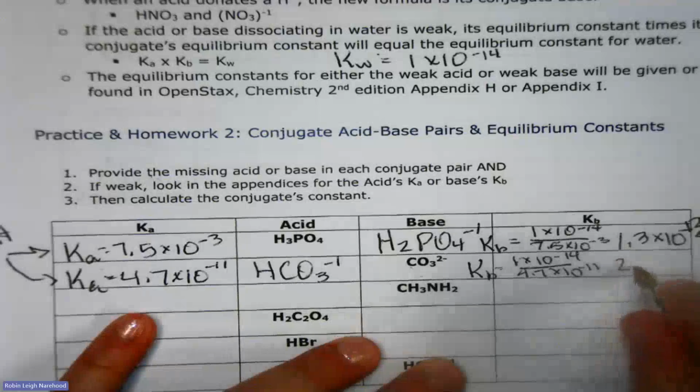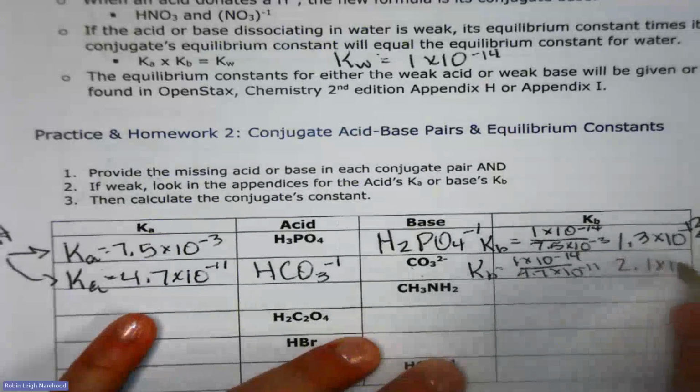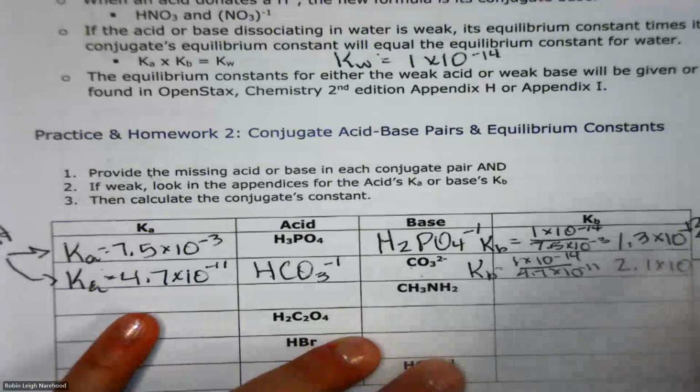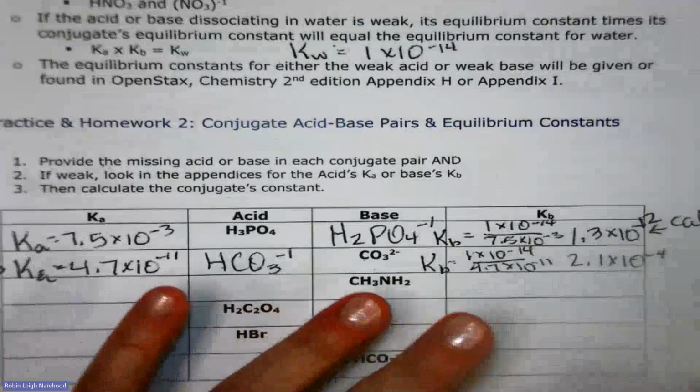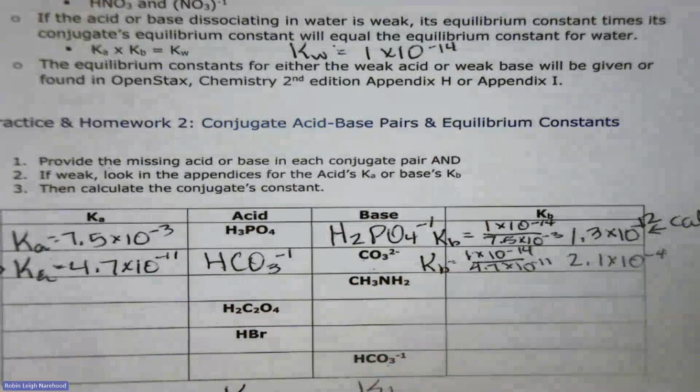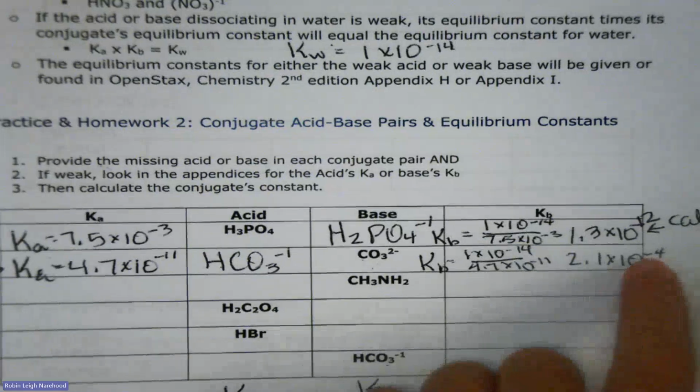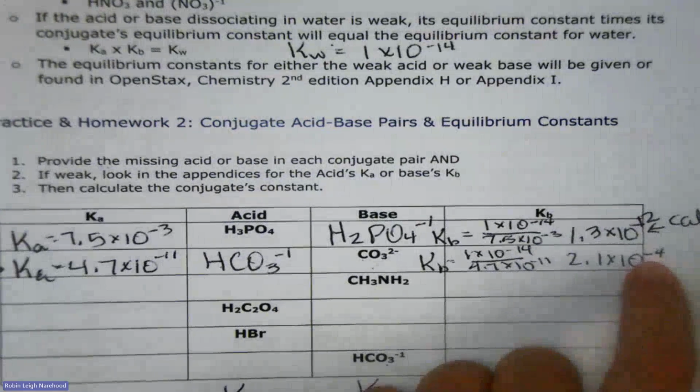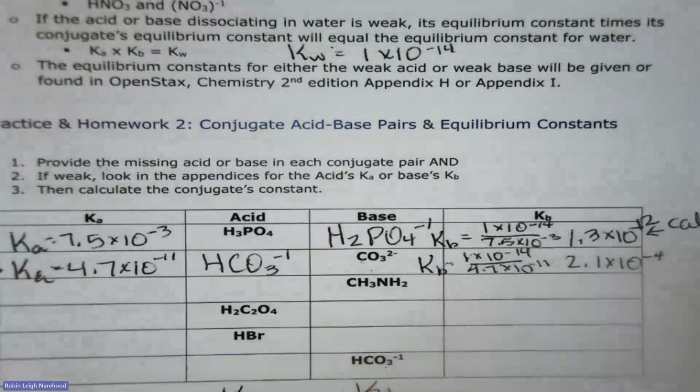So that is 2.1 times 10 to the -4. When it comes to constants, if it has a constant of -4, -3, -2, even -5, it's not extremely weak, but it's still a weak base or acid. But fortunately, when it comes to doing the math, we could actually simplify it and not have to use the quadratic equation.